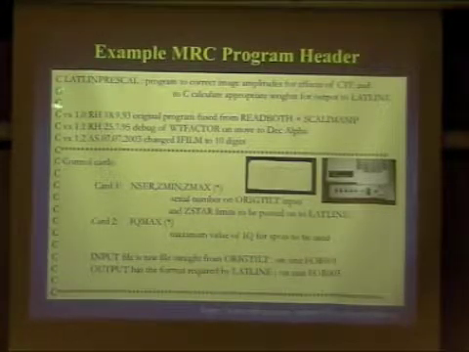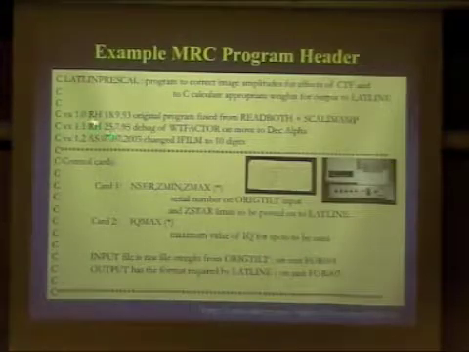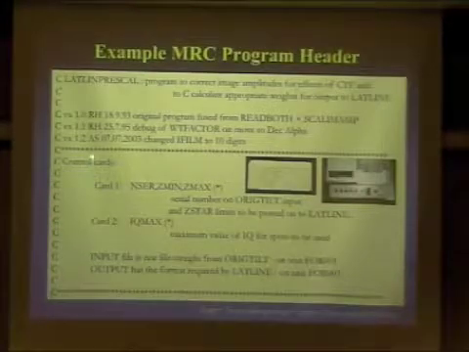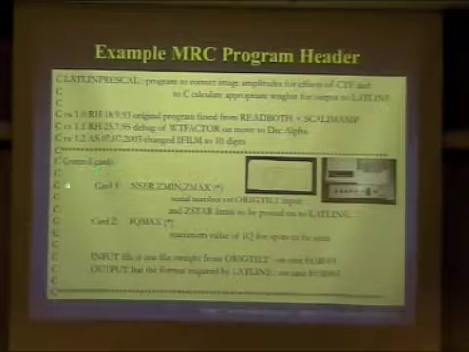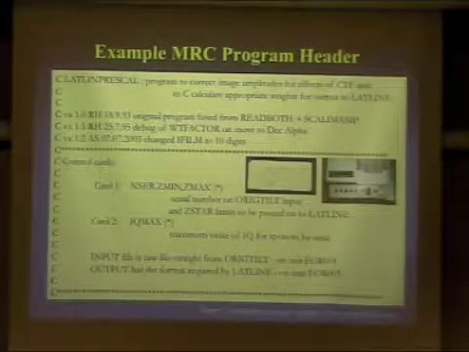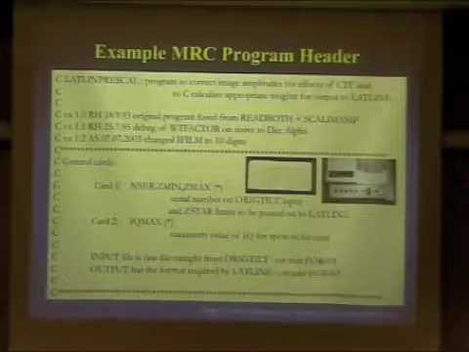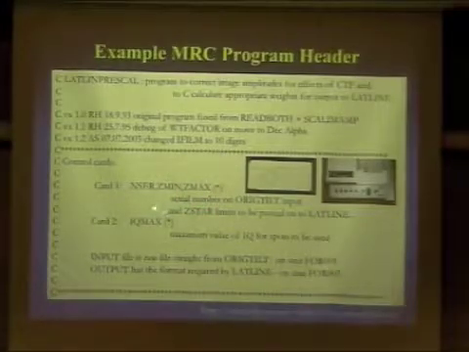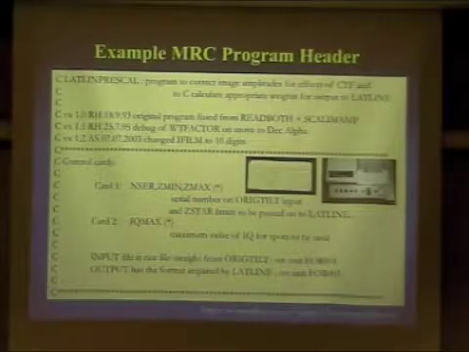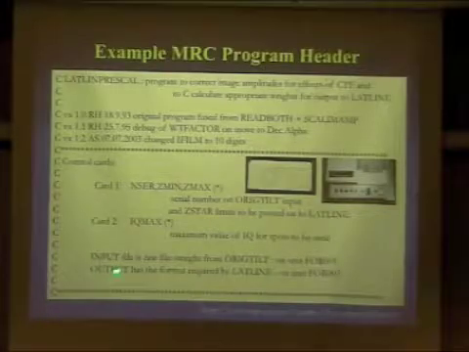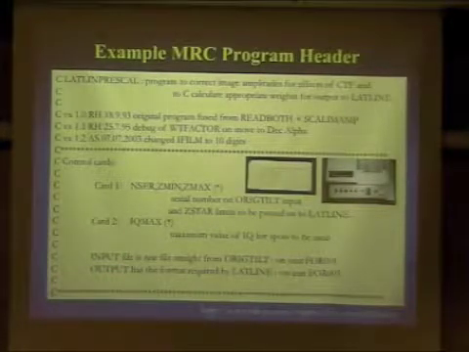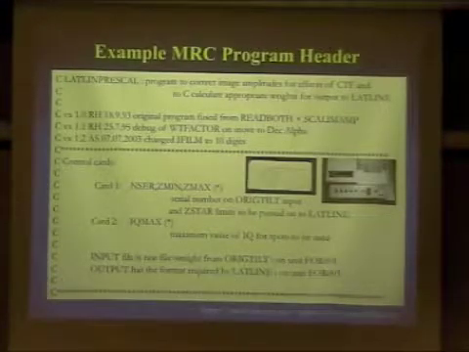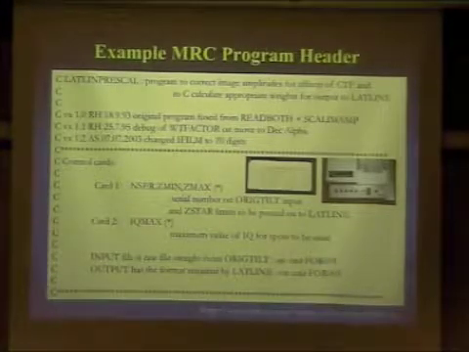In general, it will have the name, the purpose, who wrote the original version, and what has changed in each version. And then there are so-called control cards. Each corresponds to one line in your script. For example, the first line will have three different inputs, and it explains what they do in simple terms. Using this information, you can check against your script what you missed that's not in the new version.